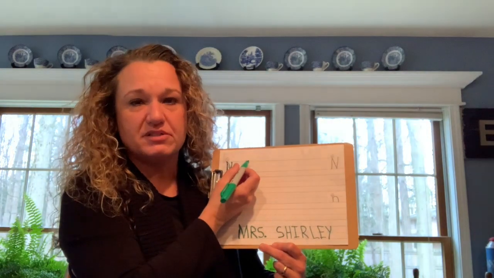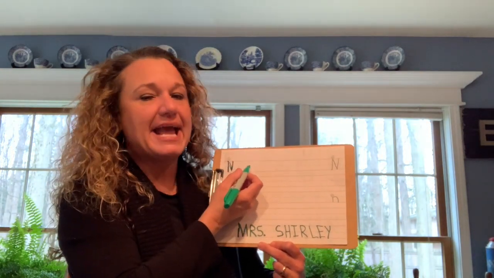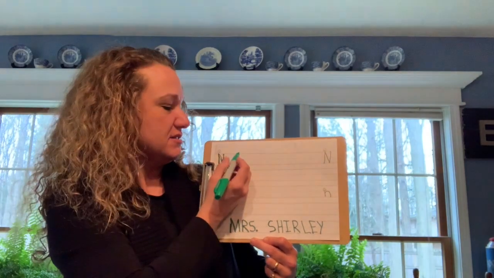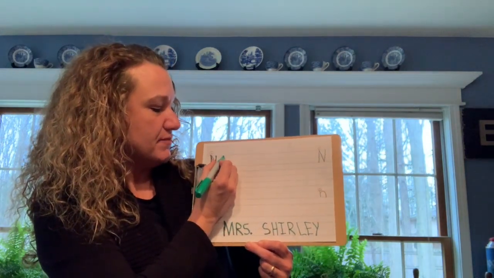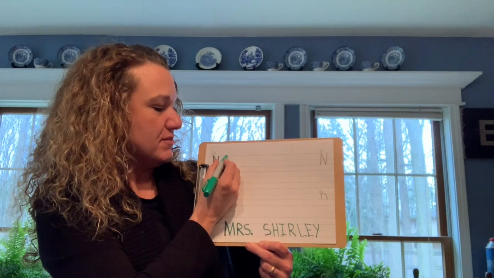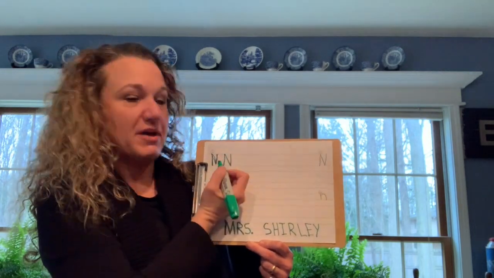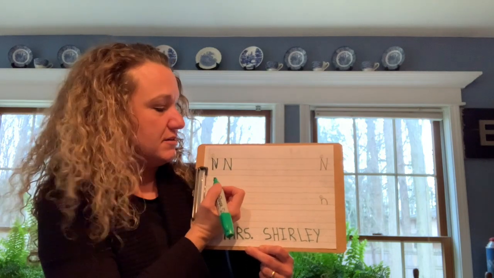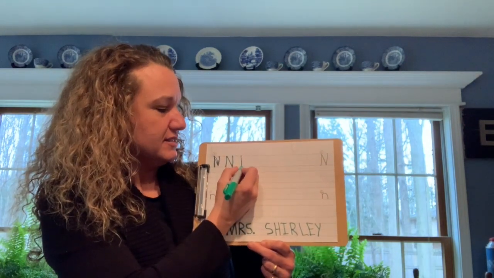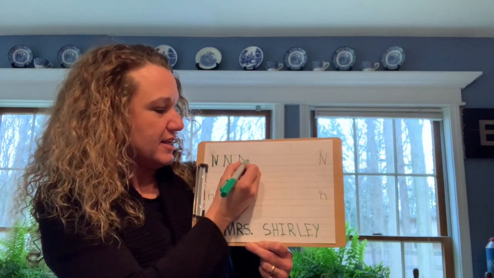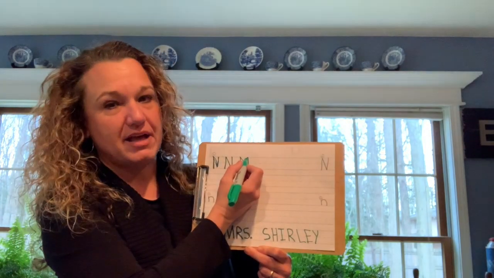Now remember to touch the top line and the bottom line with your pencil when you make your N's. So you're starting at the top, big line down, jump up, slide down, touch that bottom line, and come right back up. There's 1 N. Big line down, jump up, slide down, touch that bottom line, and come back up and touch the top line.